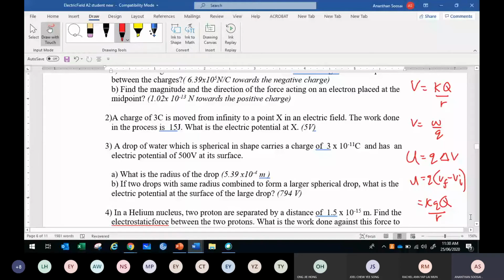K Q Q over R is your potential energy. Use the first one. I think you need to use the second one. You can think about the third one also. Question 2. I hope everyone gets the answer in the bracket.